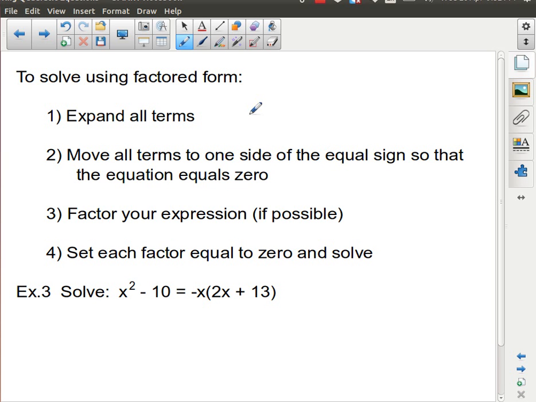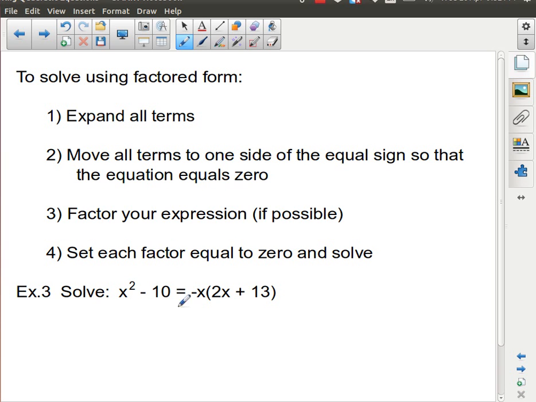So if, by very good luck, you happen to be given the equation already in factored form with all the terms on one side already, then you might still have to expand out those brackets because you might have a number on the other side. So we have to make sure we move everything to one side of the equal sign, and only when everything's on one side, then we want to move it into factored form. So then we would factor our expression and then set each factor equal to 0 and solve.